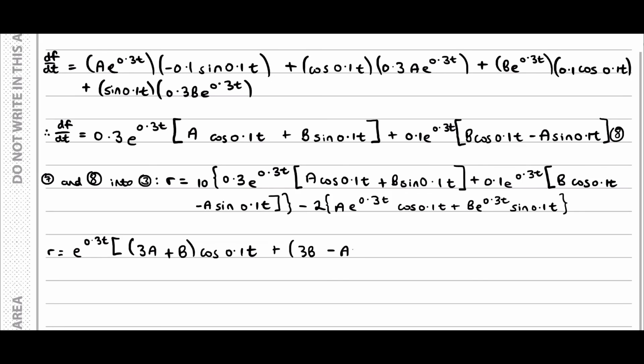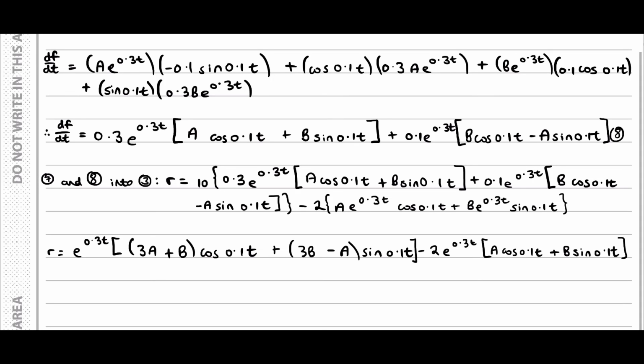So this is our term involving the sines. And then here we have minus 2 e to the 0.3t lots of a cos of 0.1t plus b sine of 0.1t.